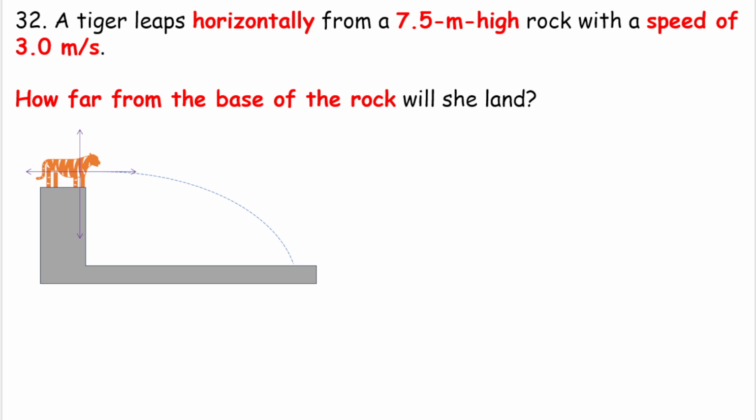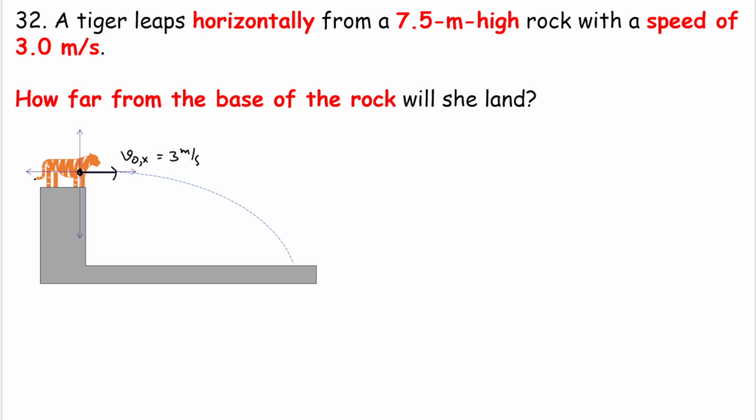Okay, so let's draw the parameters that are given by the problem here. She leaps horizontally, so she will go there, right? So we will have this initial velocity horizontally, so I will have v0 on the x direction, that will be 3 meters per second.